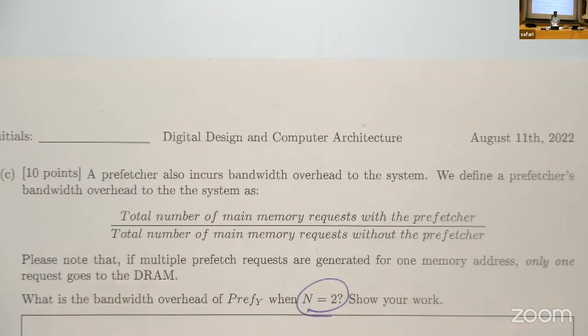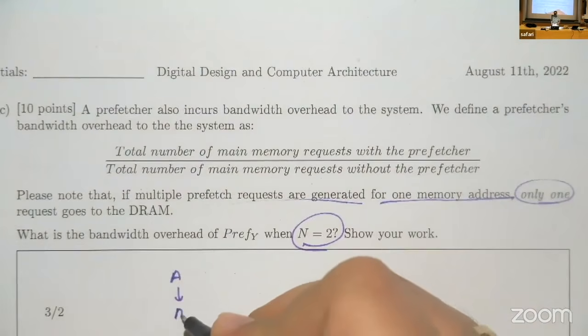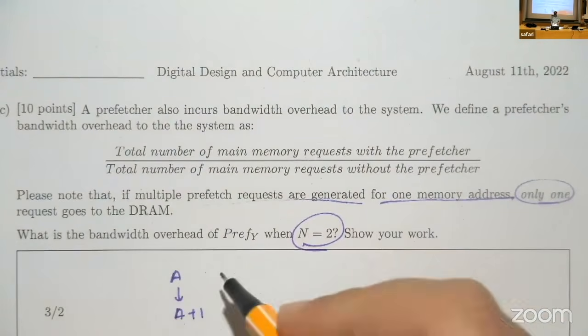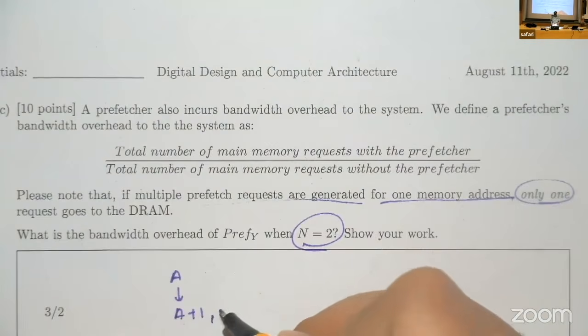So if you simulate again, there is something that we need to highlight here. If multiple prefetch requests are generated for one memory address, only one request goes to the DRAM. So you have a prefetch request for, let's say you access A, and then this creates a prefetch request of A plus 1, and then an A plus 2.